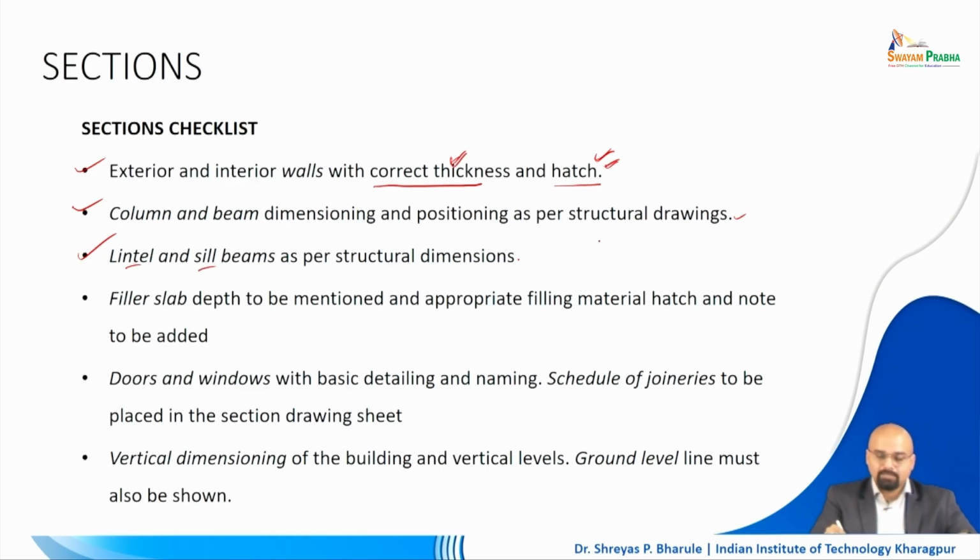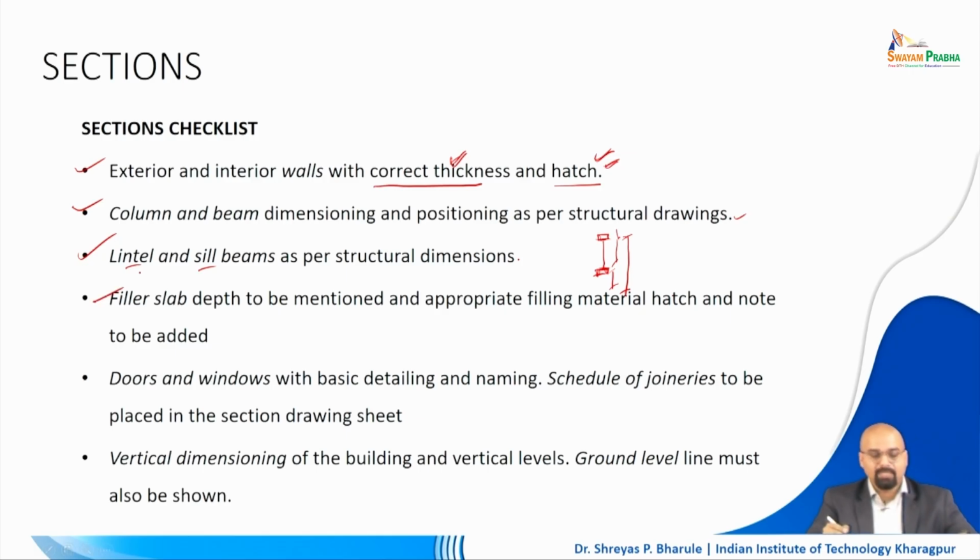So, the lintel level and the sill level passing through the window section is going to look somewhat like this, right. You will have the sill and you will have the lintel. These heights are to be mentioned along with the dimension of the complete window, right. So, this is how it is done.